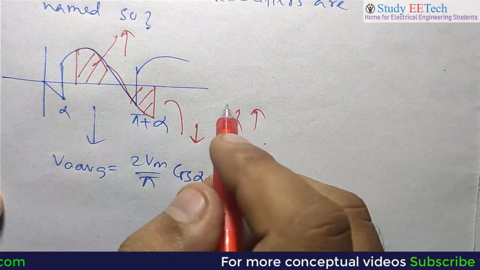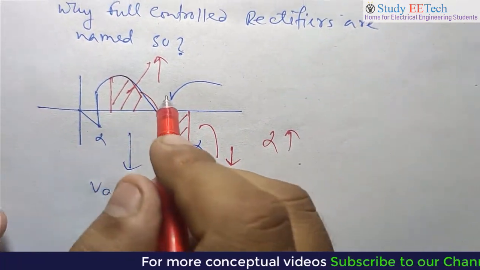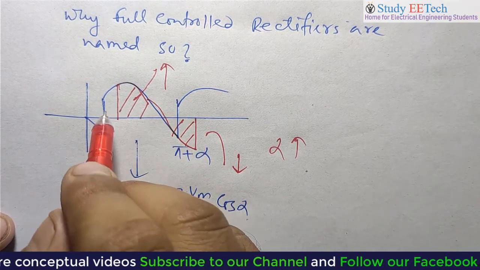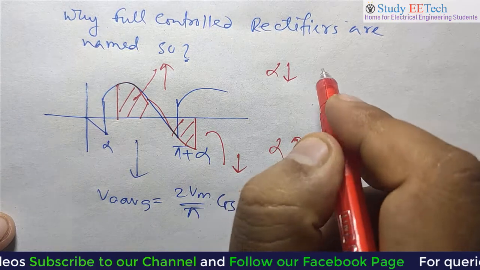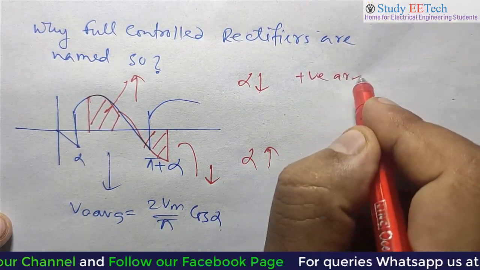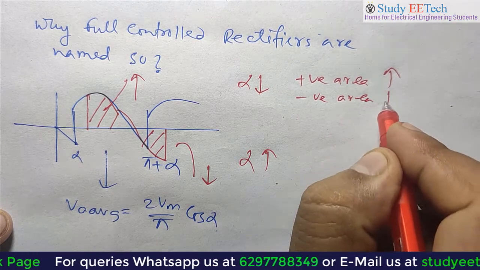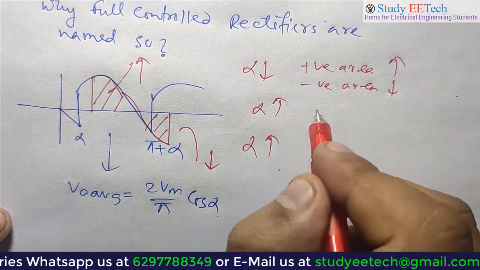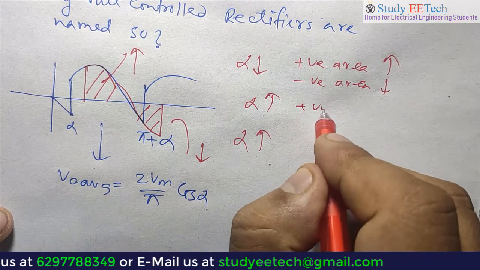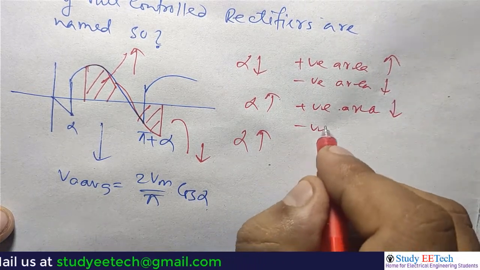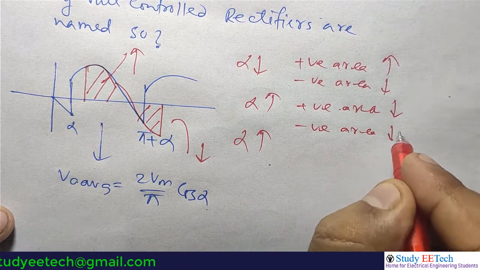So basically what we can say from this graph or the waveform, if the alpha is less, then the positive area is higher and the negative area is lesser. All right, when alpha is increased, then the positive area is decreasing, negative area is increasing.